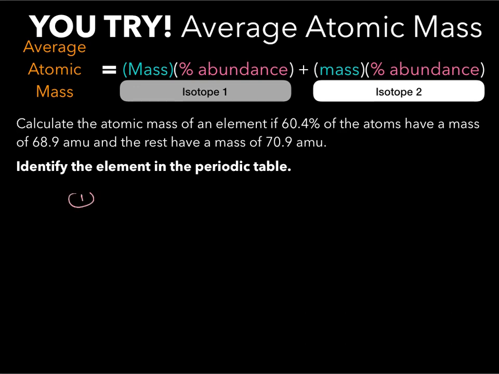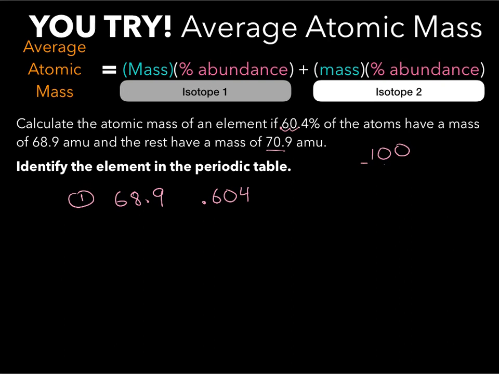So our unknown isotope number 1 has a mass of 68.9 and a percent abundance of 60.4, which we want to change to a decimal. We know all percentages are out of 100. So when it says the rest of the isotopes have this mass, that means we have to take 100 minus the percent abundance that we already have.